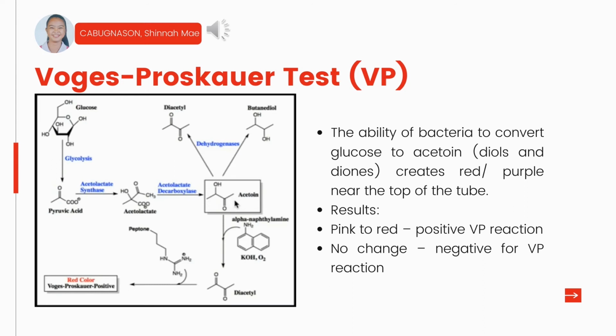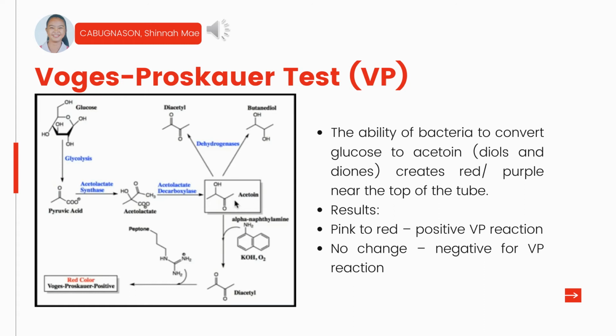So what the Voges-Proskauer test is measuring is the ability of the bacteria to convert glucose into neutral end products. Diacetyl and butanediol are both neutral end products. However, we're specifically reacting these reagents with the acetoin because the acetoin is indicative of its ability to convert glucose to neutral end products, and a red color change could be a positive Voges-Proskauer test.